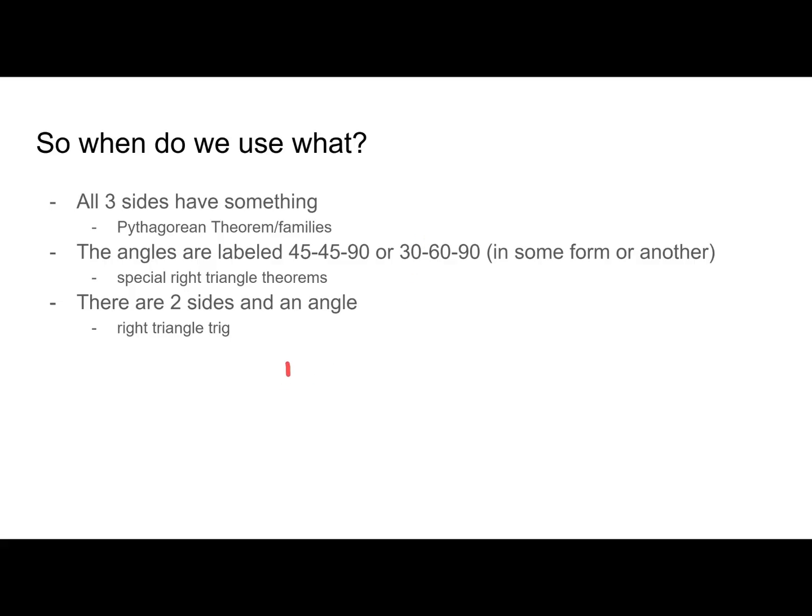So if all three sides have something, if you have a number here and an x, then that's the Pythagorean Theorem and then families. If you have something here and something here, but the angles are labeled, and it's 30 and 60, or some such thing, I also said that if you have an equilateral triangle, this is also 30, 60.